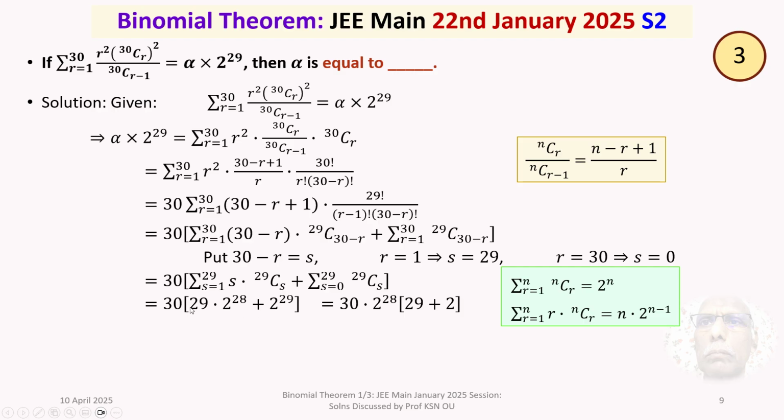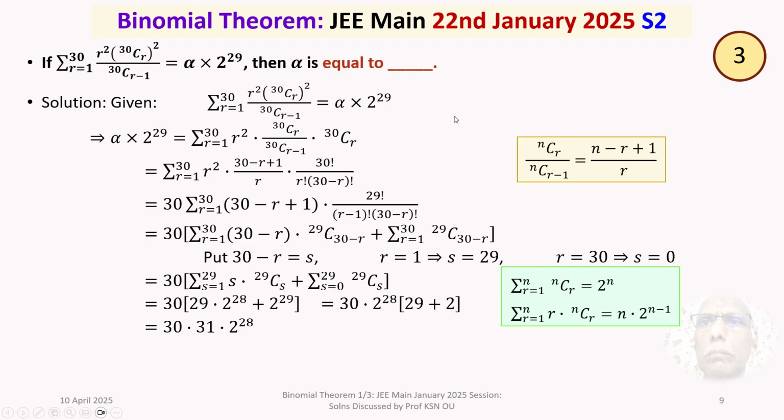Now 2 to the power of 28, you take out common: 30 into 2 to the power of 28 into, in the first one you get 29, plus 2, the extra factor from what we have written here. This is equal to 30 into 31 into 2 to the power of 28. And this is alpha into 2 to the power of 29.